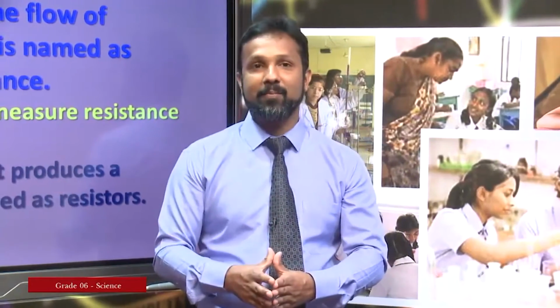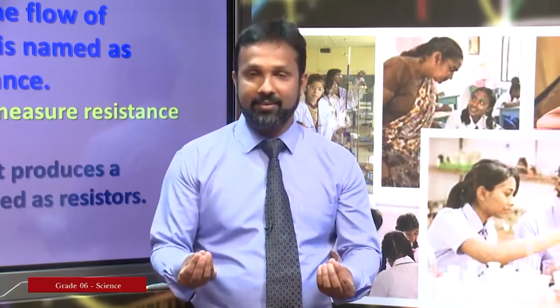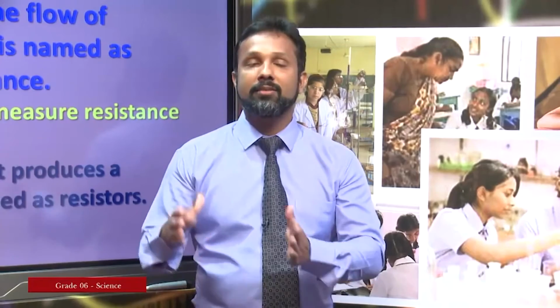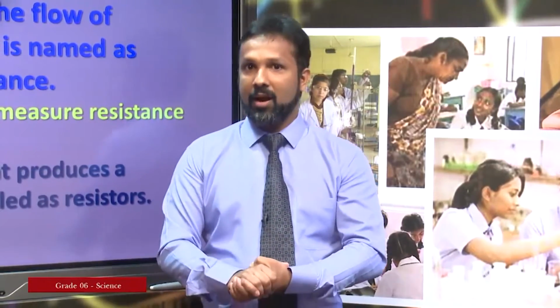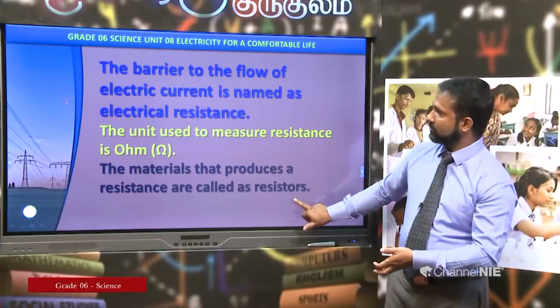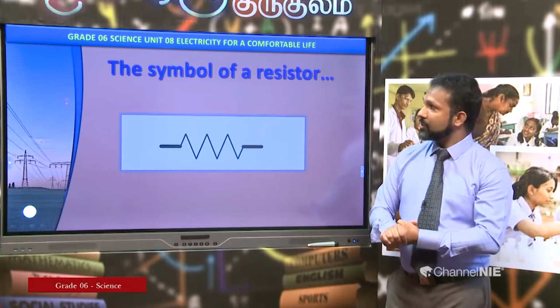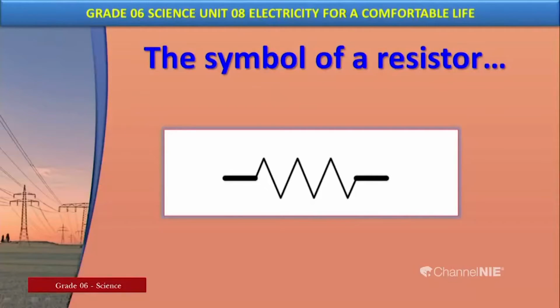Resistor means the material or the object that produces a resistance. Right, my dear children. I hope you have studied well. Let's focus our attention on the symbol of a resistor.